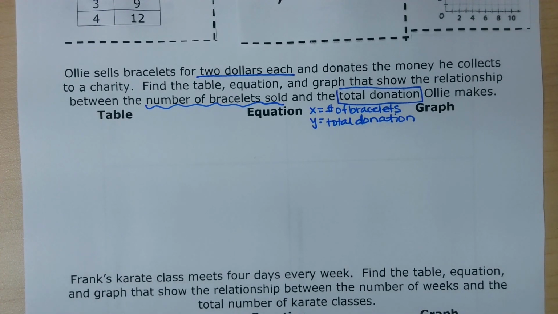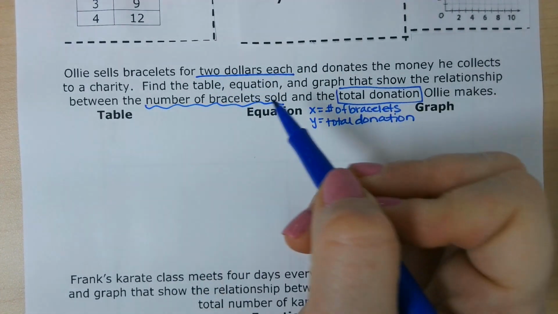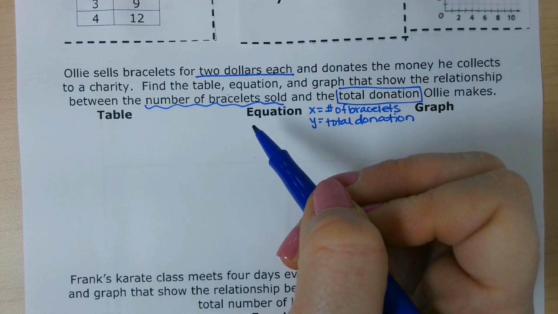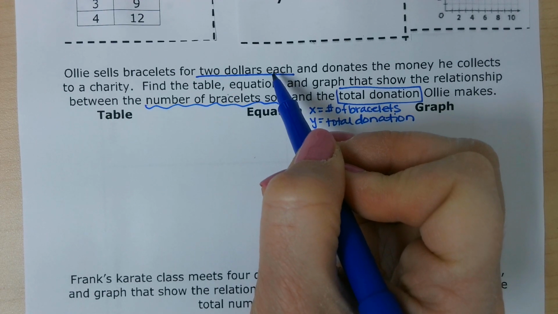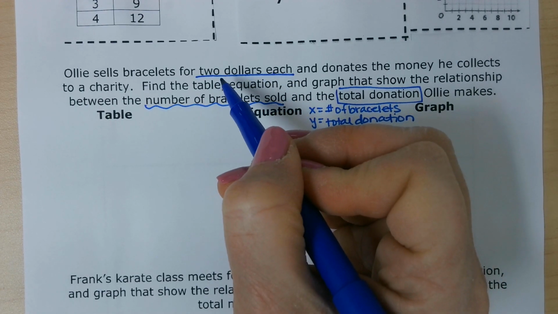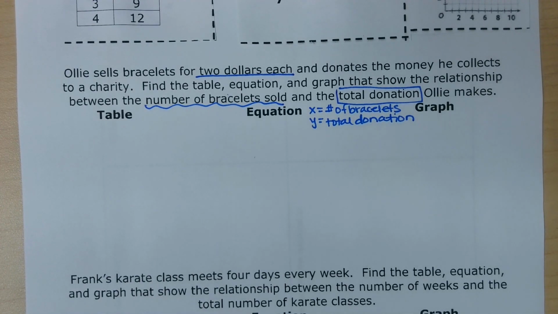Okay, and then the piece of information that we need right here is the $2. $2 each suggests that for every bracelet we're charging $2, and that is a keyword for multiplication, so we need to find something that is times 2. So our equation that we have left is the one you probably peeled off of the front.